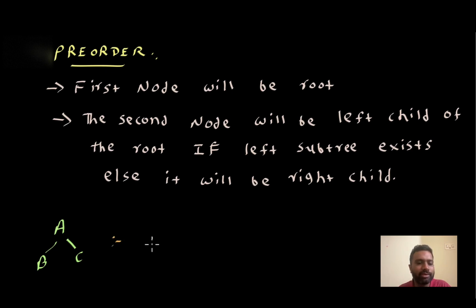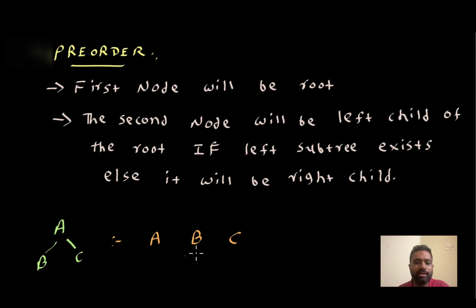You will get first A, then the left subtree, that means B. Now the left subtree is over, then you will go for the right subtree. So ABC you will get. So if you observe here, first is the root. Second is the left child of the root itself, since the left subtree exists.